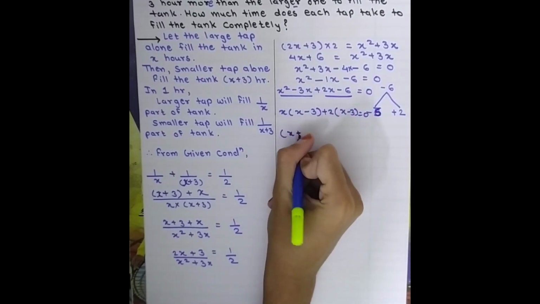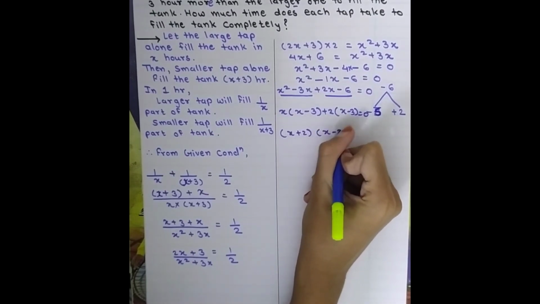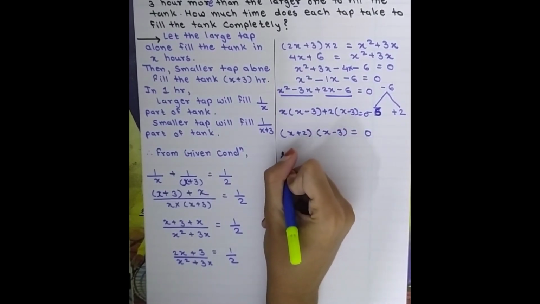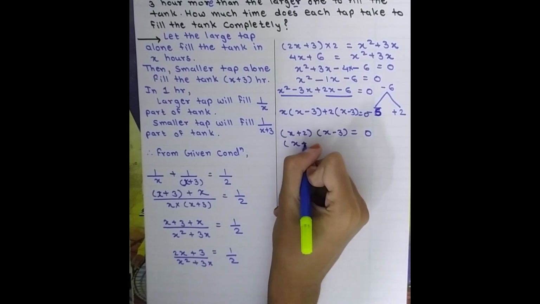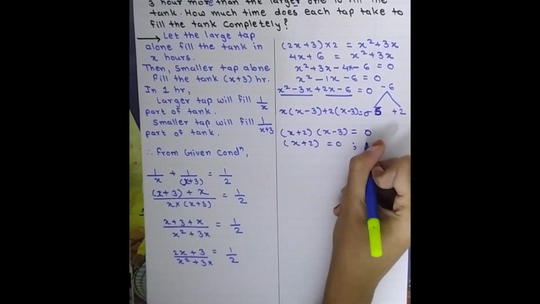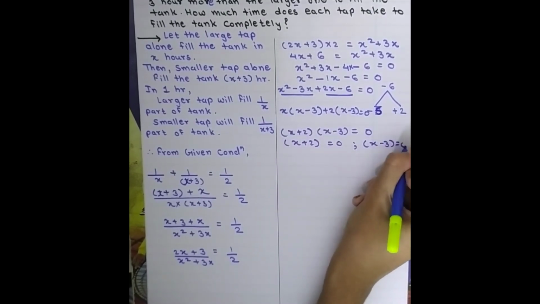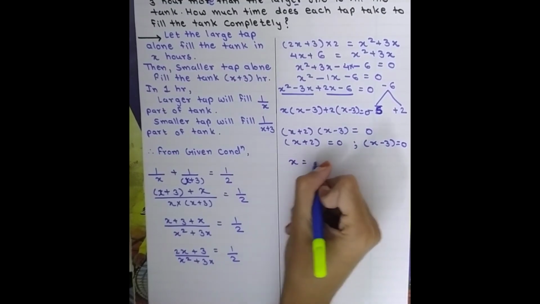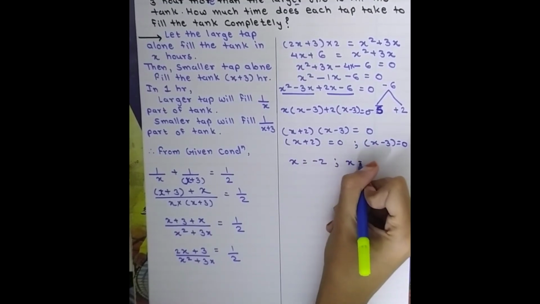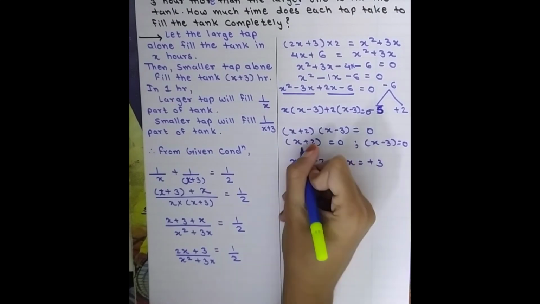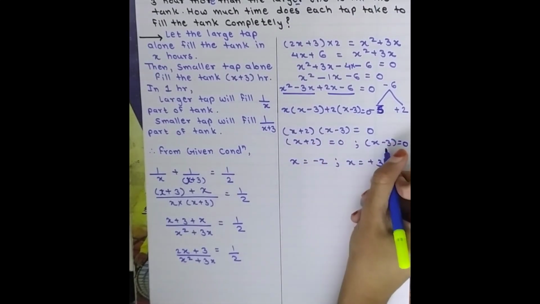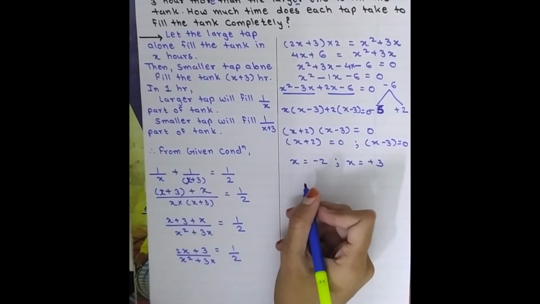So x plus 2 and x minus 3 is equal to 0. Therefore x plus 2 is equal to 0 and x minus 3 is equal to 0. So x is equal to minus 2 and x is equal to plus 3. This plus 2 goes to minus and this minus 3 goes to plus.